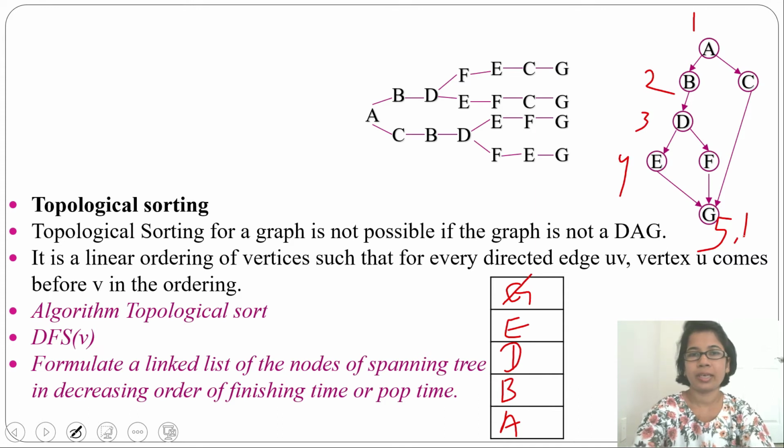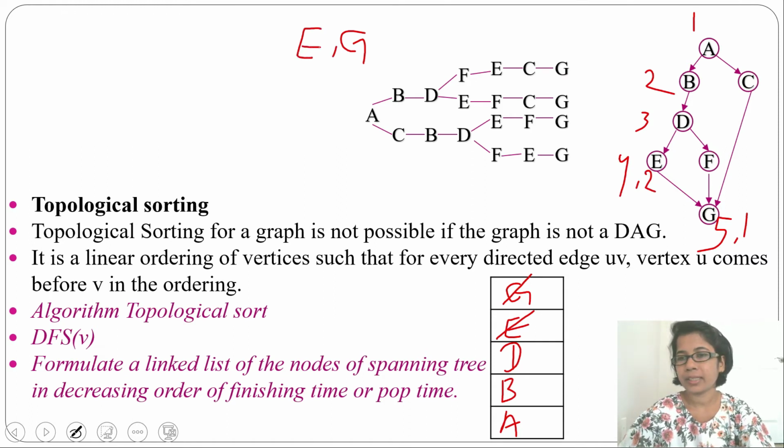Whenever you pop G, you will write 1 here. Or you can just make a list, and whenever you are popping, write G here. Then E doesn't have any adjacent left, so I'll pop E. Just write 2 here and you can write E in the list. Then is any adjacent of D left? Yes, F is left, so you just push F. What will be the sequence number? It will be 6 because last it was 5.